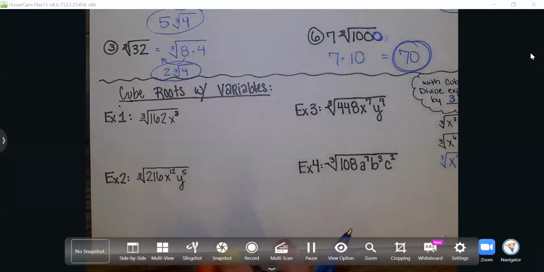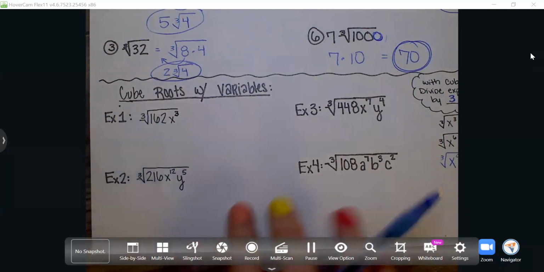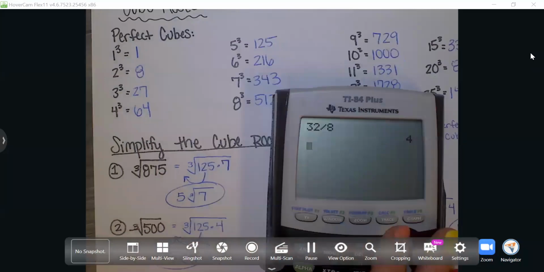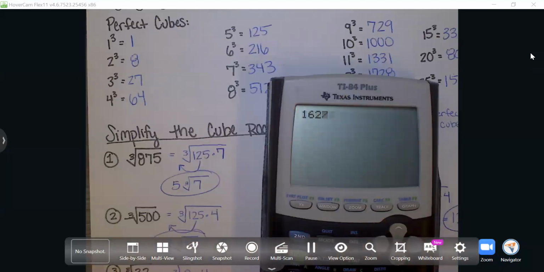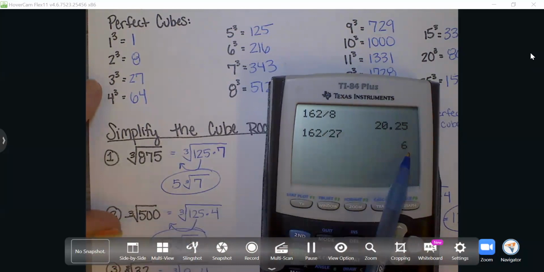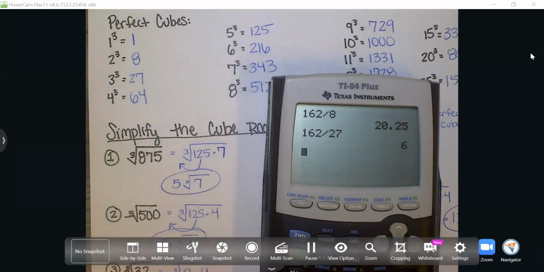So when I have the cube root of 162 x to the 3rd, let's break down this 162 by perfect cubes. 162 divided by 8. 162 divided by 27 is 27 and 6.